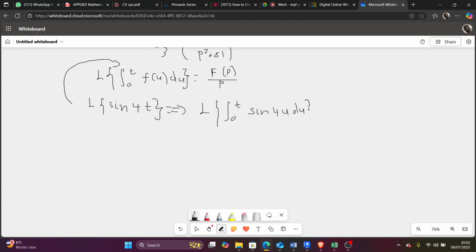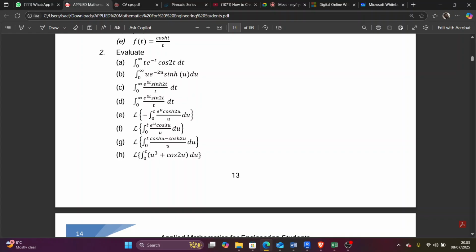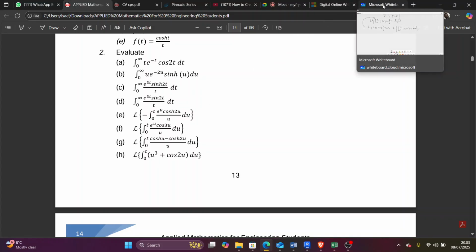Now you have written this function in the form of the Laplace integral. What is different with this case? In this case, it is already given in the form of the Laplace integral. All you have to do is to solve. Am I making sense, my good people?